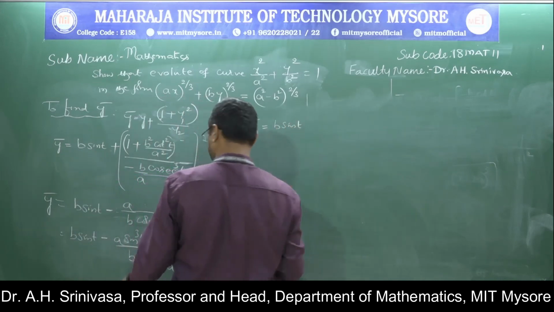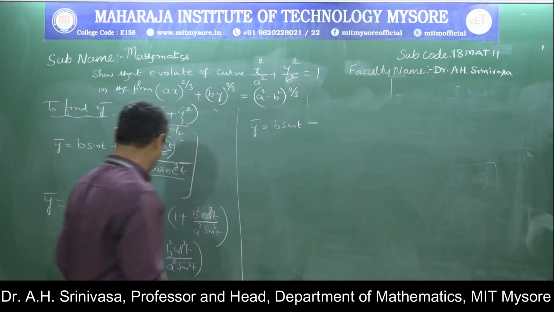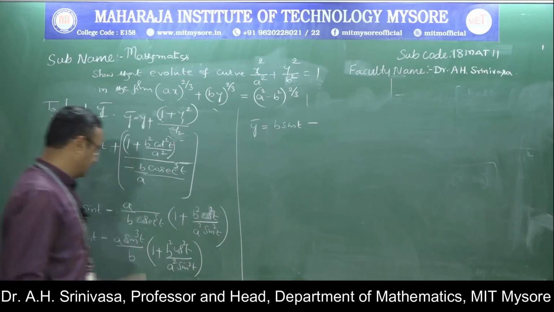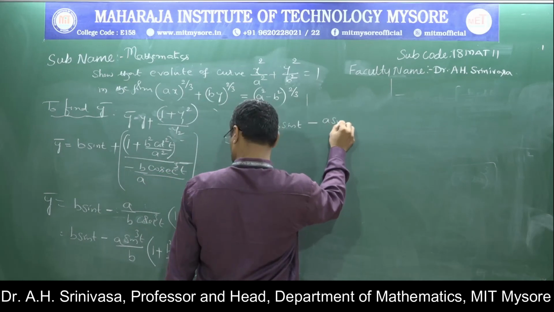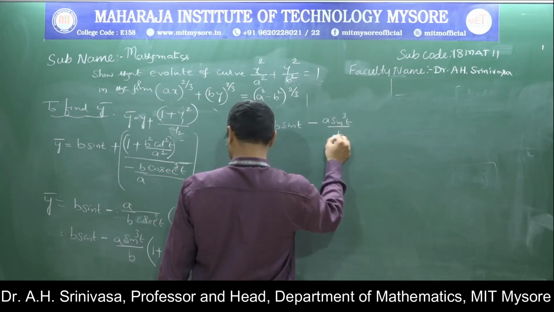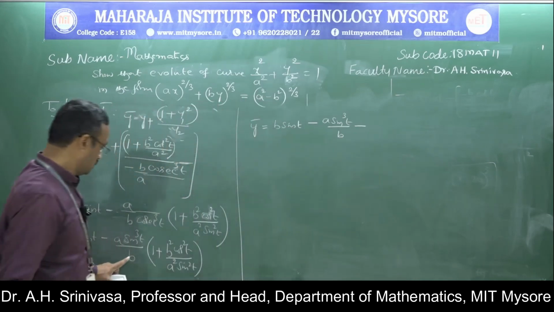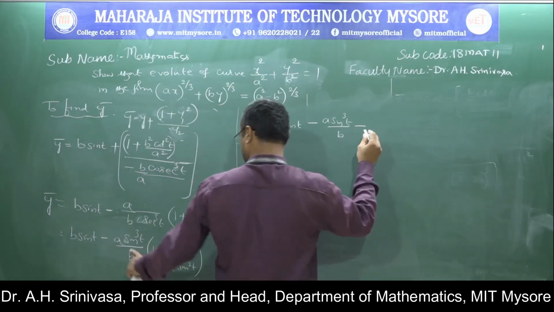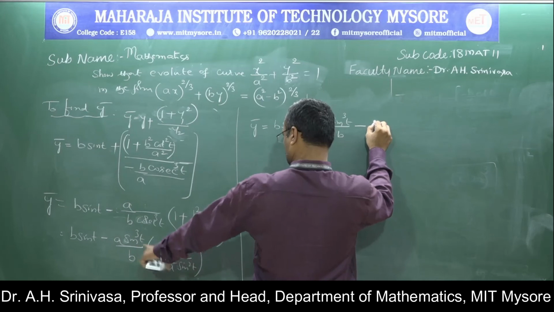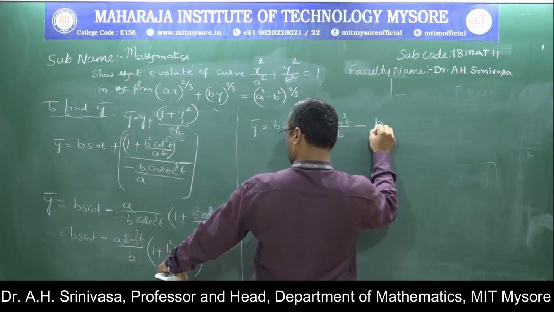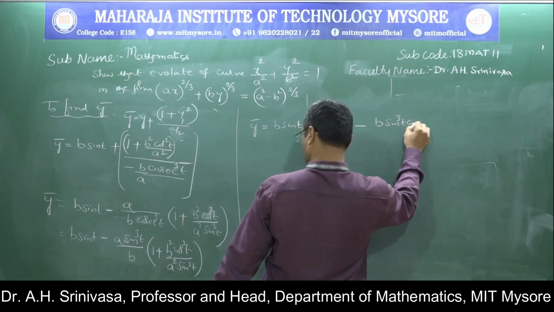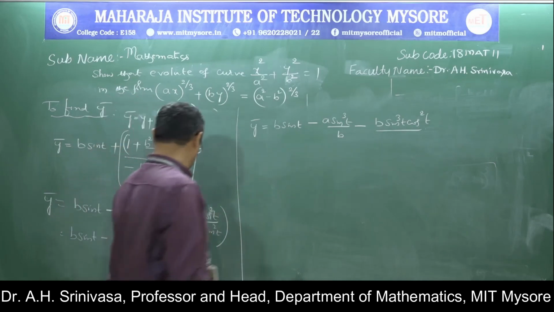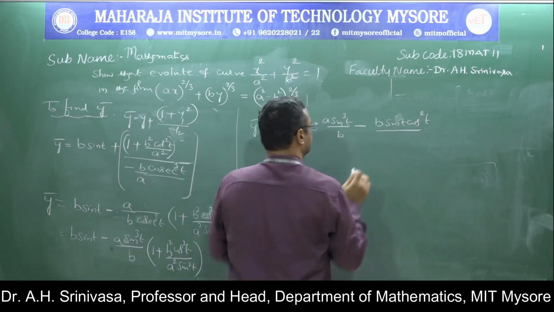b sin t minus, if you multiply it inside here, check what simplified form is obtained. Minus a sin cube t by b, then again minus, one of the b will cancel, one of the a is also cancelled. We have minus b sin cube t cos square t, all divided by a, sin square will be cancelled, we have only sin t.